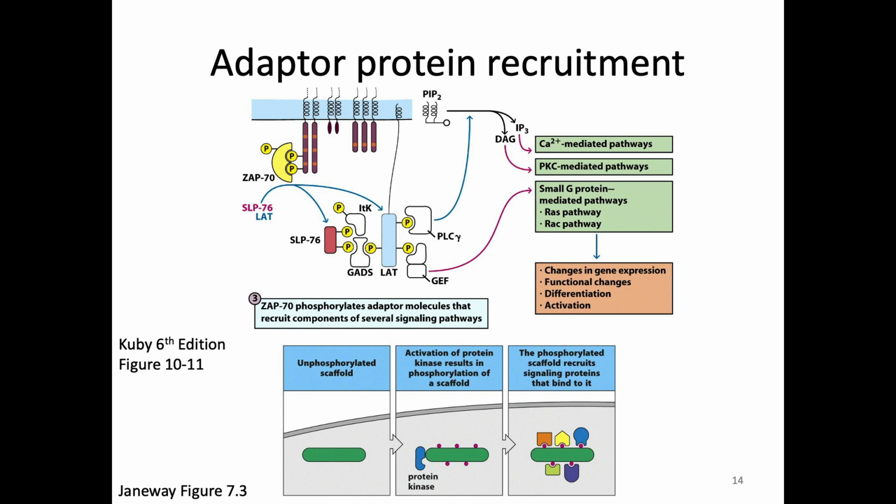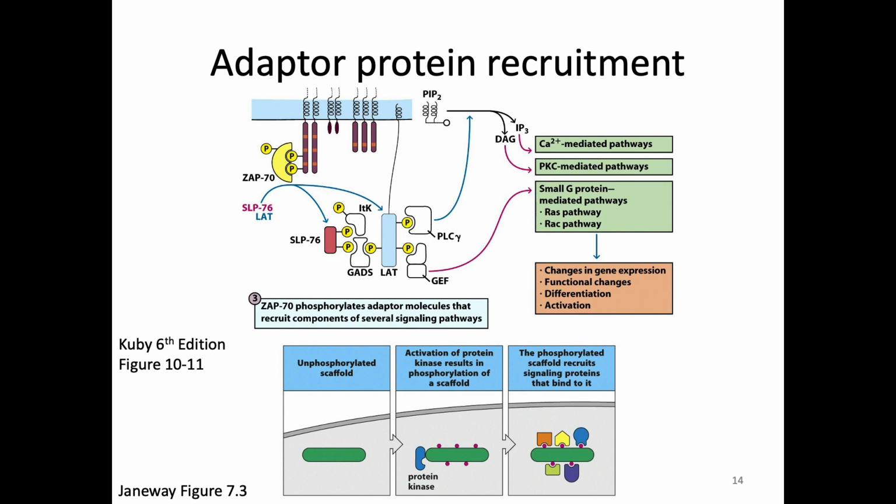And that allows a bunch of other stuff to combine together and start kind of letting the signal go in different directions that we couldn't have done before. But this adapter protein has no enzymatic activity itself. It's just kind of like a site where other things can come and interact with each other to start changing the types of signals we get. So that's all that the adapter is doing.